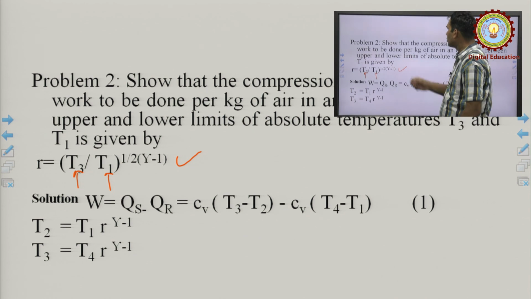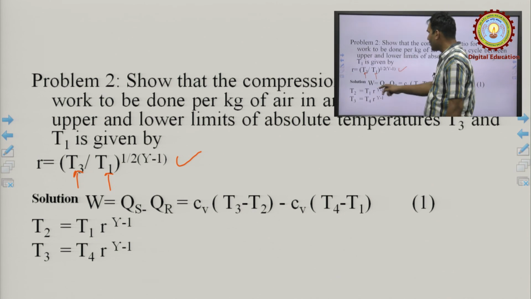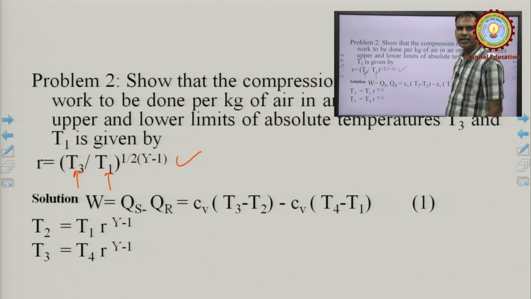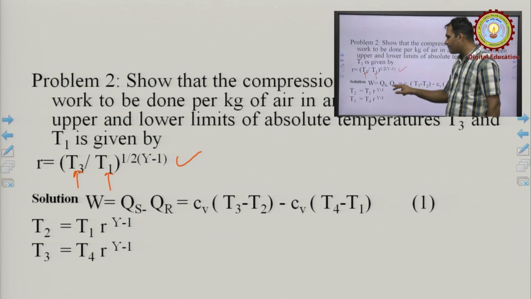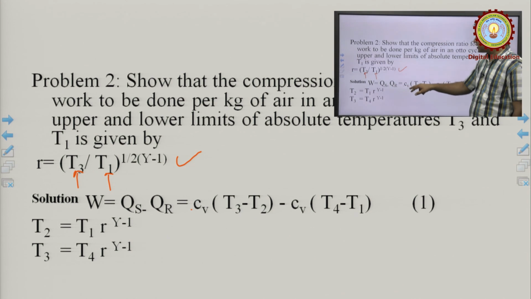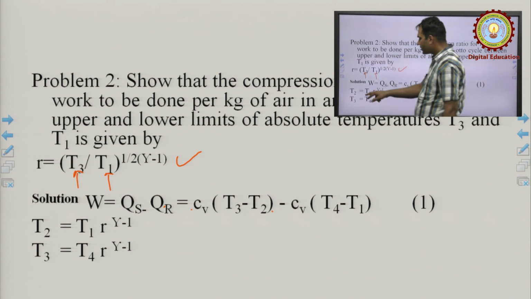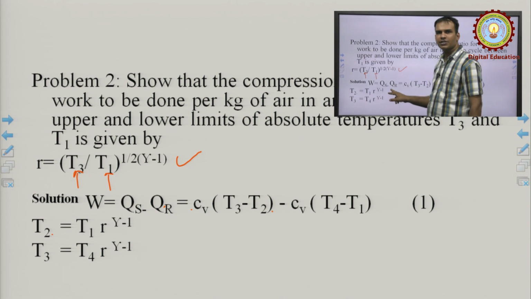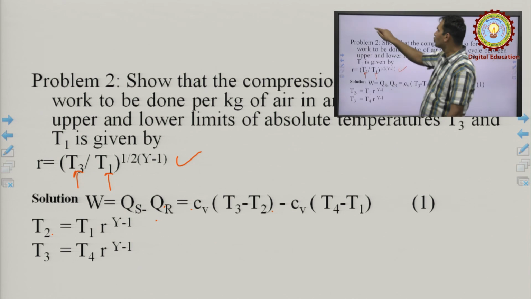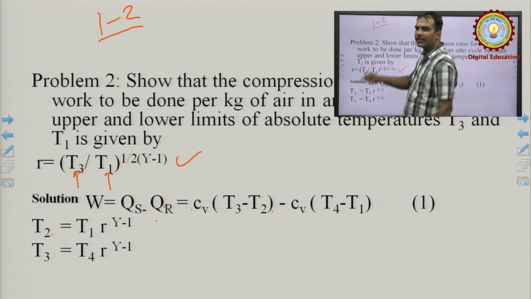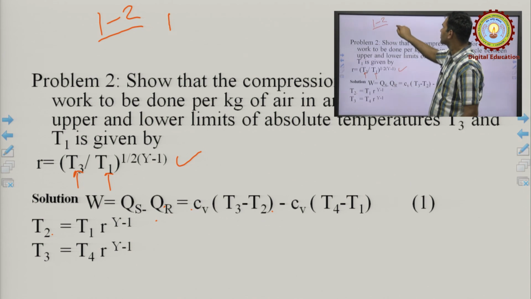So, for solving this, the work is Qs minus Qr, that is heat supplied minus heat rejected, which equals Cv (T3 minus T2) minus Cv (T4 minus T1), and T2 is equal to T1 R^(gamma minus 1), since 1 to 2 is an isentropic process, as we have discussed.